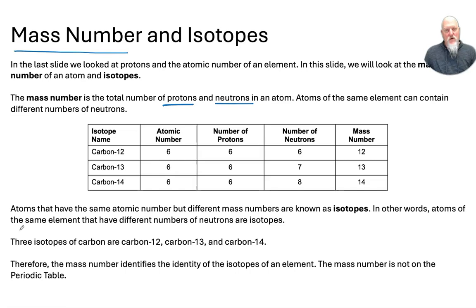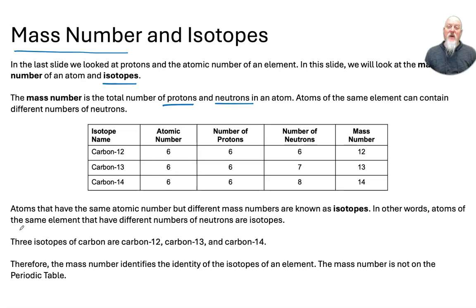All right, so we said that the atomic number is the number of protons, and it gives us the identity of the atom. Okay, so the number of protons and the number of neutrons is going to give us what's called the isotope. Now, atoms of the same element, for example carbon, are going to have all 6 protons because the atomic number of carbon is 6.